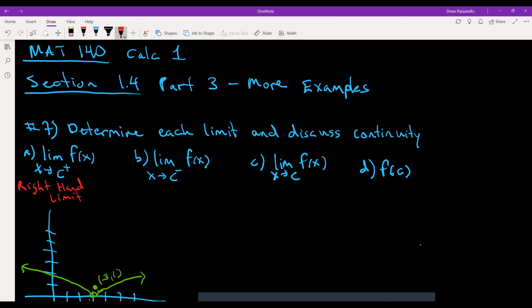Where it has the minus sign, x approaches c, that's going to be from the left. So this is a left-hand limit. And this is just the regular limit that we're used to, which I was calling the overall limit.